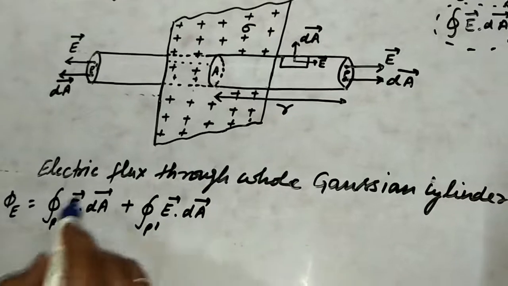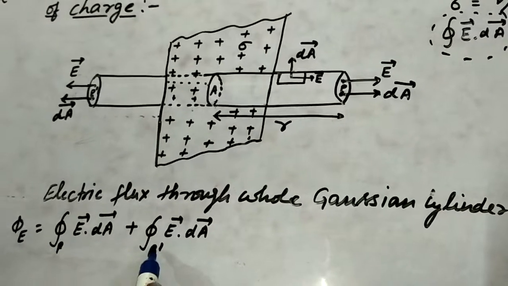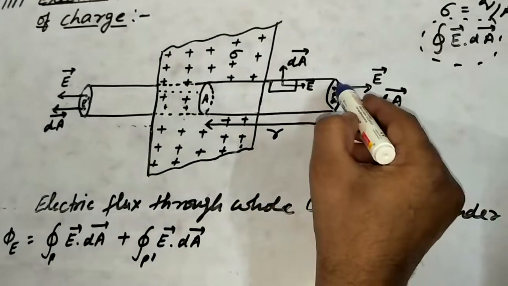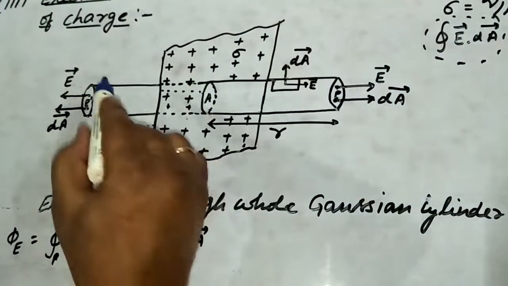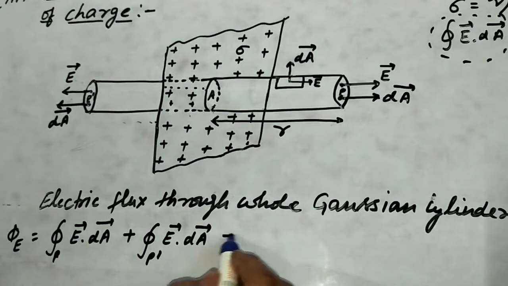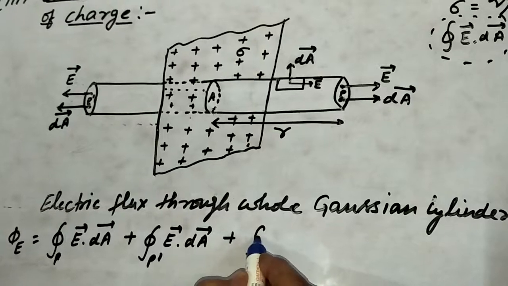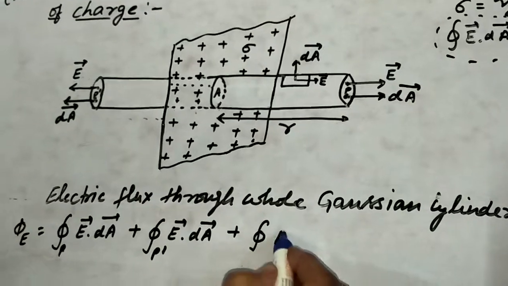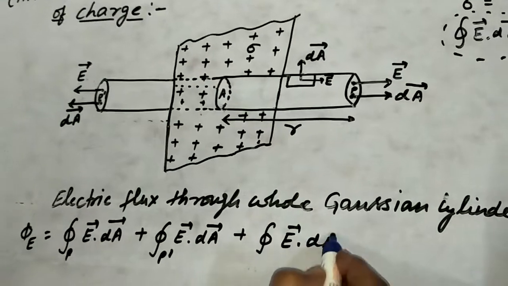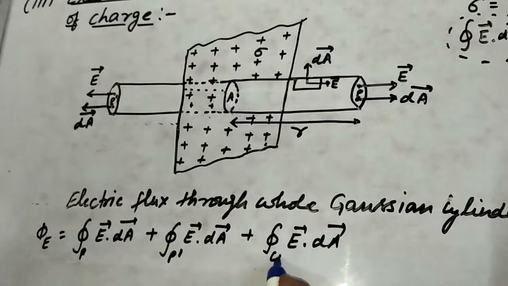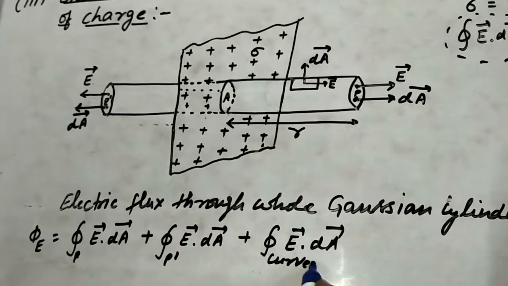Actually, here P or P dash means I am taking the plane surface at P and at P dash, plus the whole electric flux passes through the curved surface. This one is the curved surface.